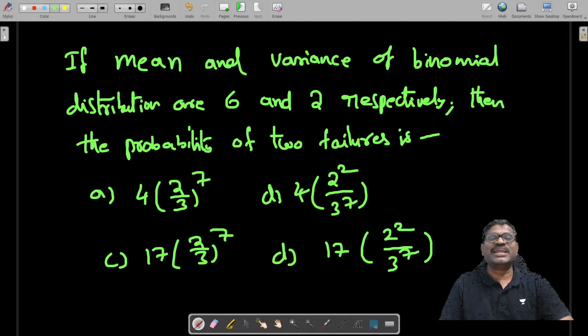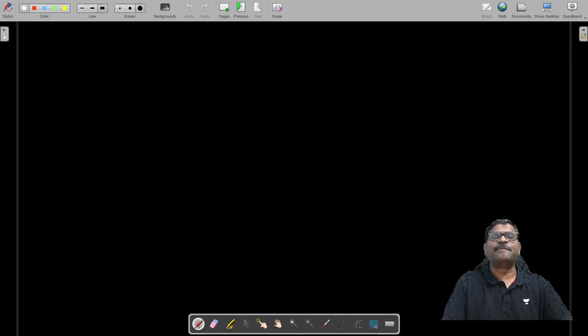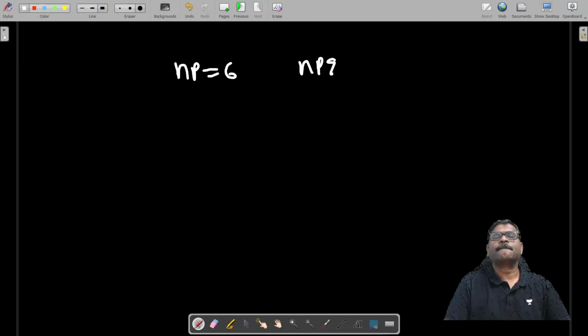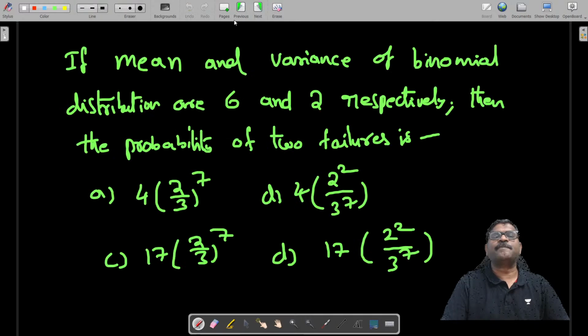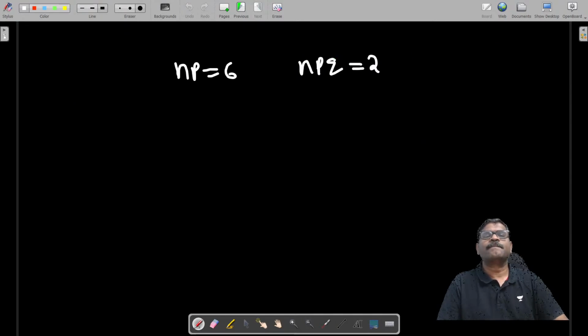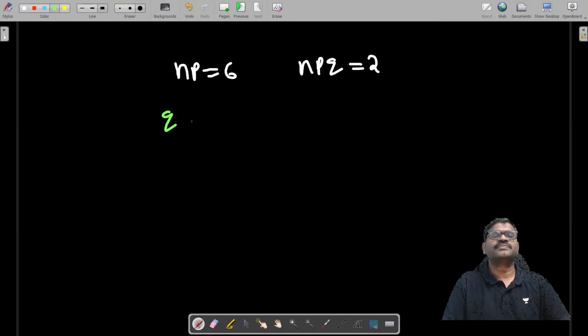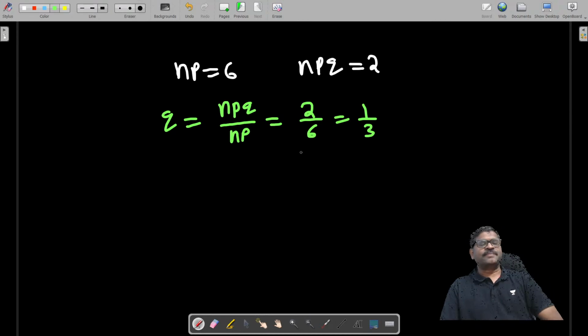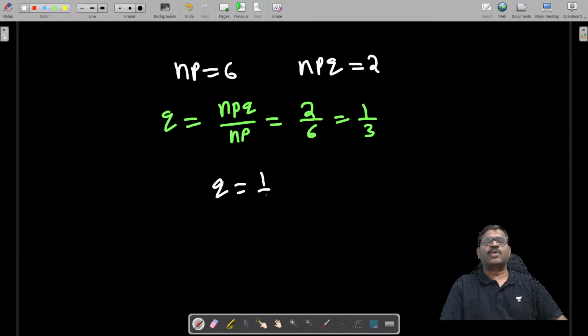Now, mean and variance of binomial distribution is provided. See, NP equal to 6, NPQ equal to 2. Therefore Q is 2 by 6, 1 by 3. If Q is 1 by 3, what is P? 2 by 3.